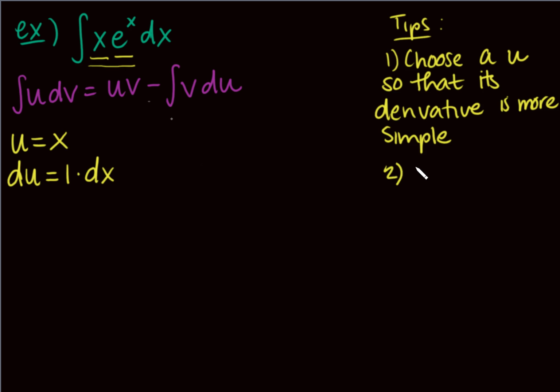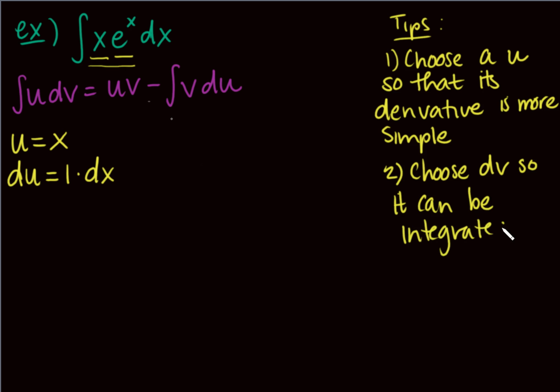The second tip: I want to choose dv so it can be integrated. Maybe not easily, but it needs to be integrated. If I pick a dv that I don't know the antiderivative of, or can't relatively easily find the antiderivative of, that's a bad choice for dv.